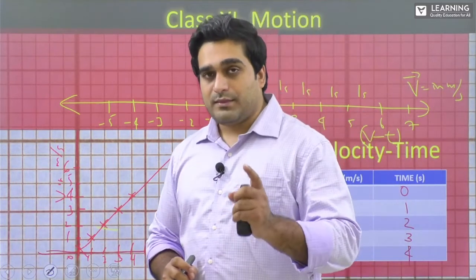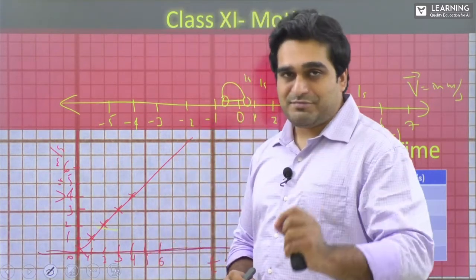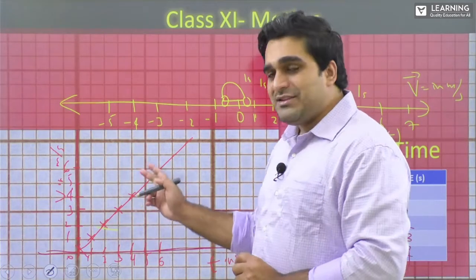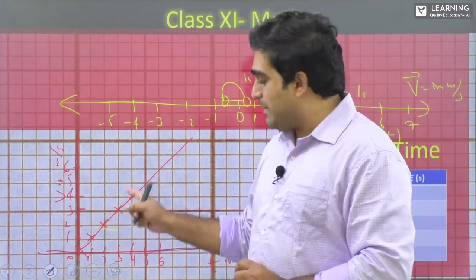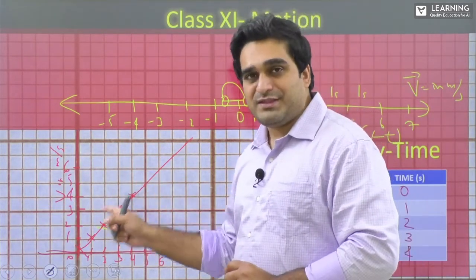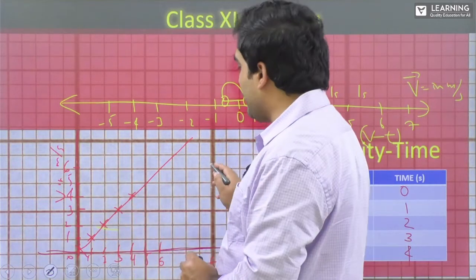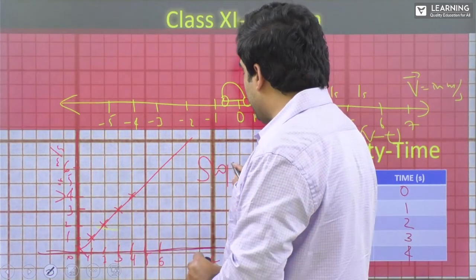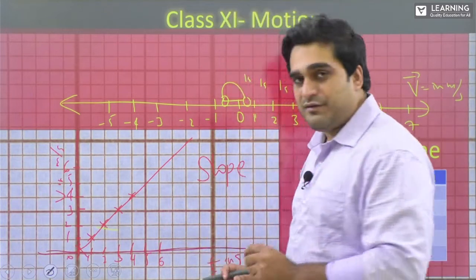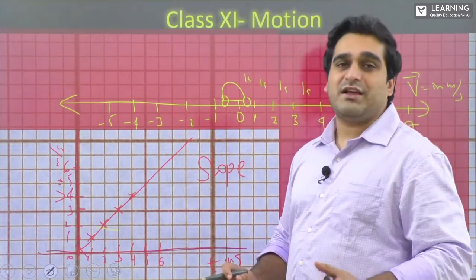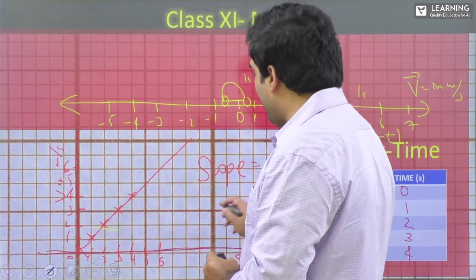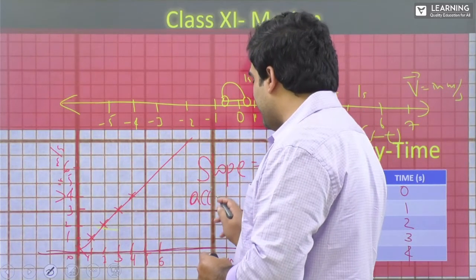Okay. Now, here's the best part. By taking the slope on this curve, so I hope you remember slope, yes? By taking the slope on this curve, the physical quantity that you obtain is what is called acceleration.